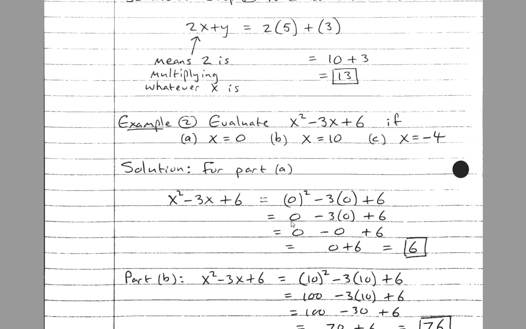Exponents, then multiplication and division. Yeah, there is one multiplication. We've got a 3 times 0. That's 0. And then we take care of the additions and subtractions. The subtractions on the left, we'll do that first. 0 minus 0 is 0. And then plus 6 is 6.